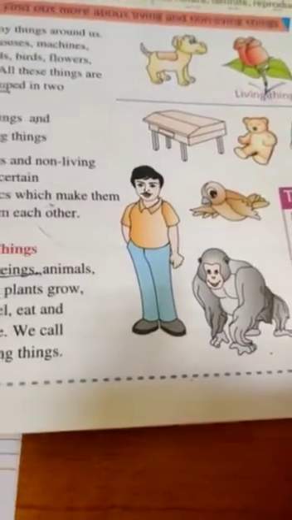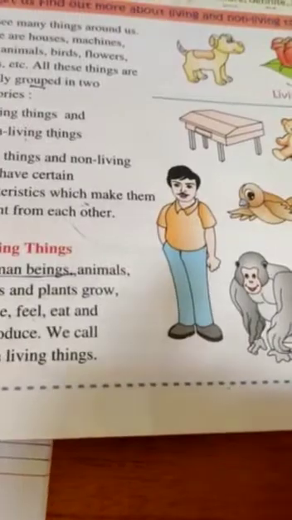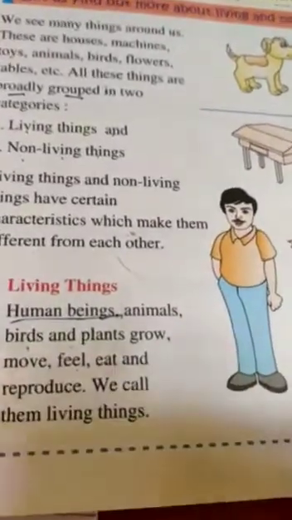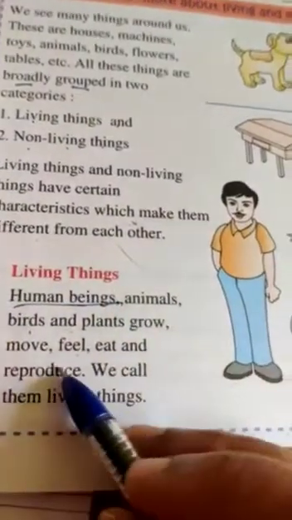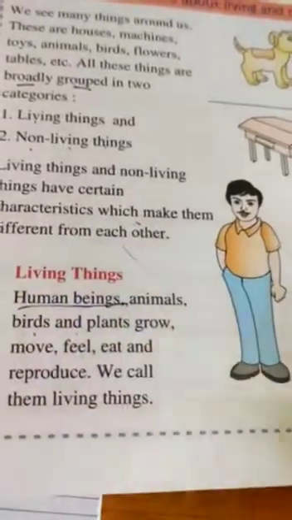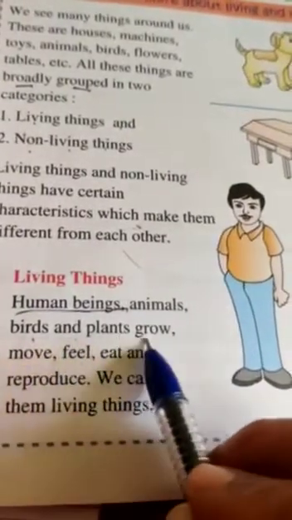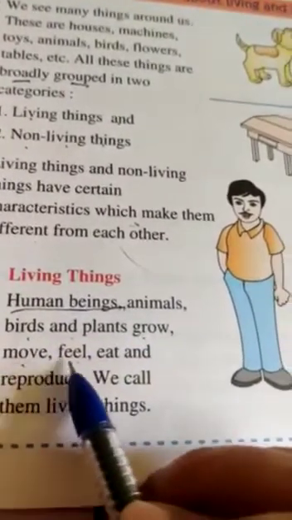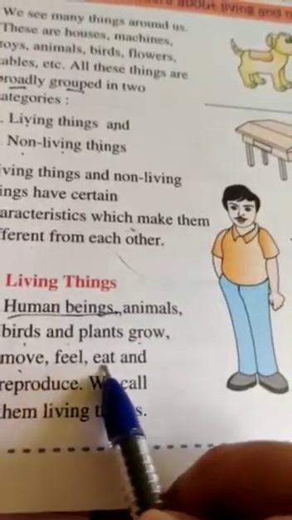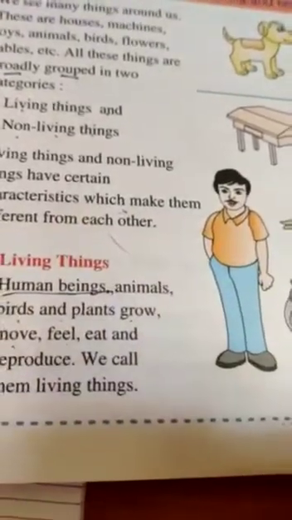And there are so many babies like your younger brothers and sisters. All of them are small little ones. Reproduce means to give birth to smaller ones. So anything which can grow, move, feel, eat, and reproduce is called a living thing.